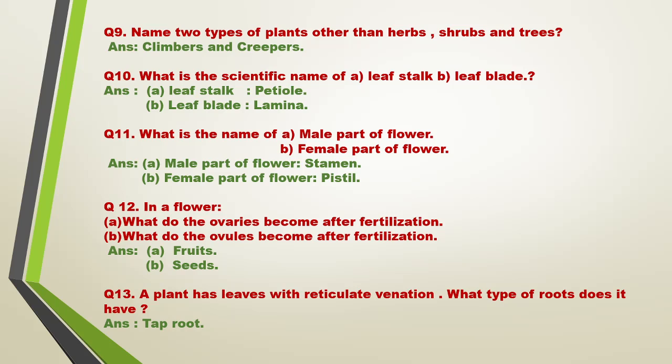One is known as parallel venation and another is known as reticulate venation. Reticulate venation means on the leaf, the veins, venules and subveins are all forming a network like structure. The plants which have reticulate venation definitely have a tap root, and the plants which have parallel venation, that is the veins running parallel to each other, generally have fibrous root.